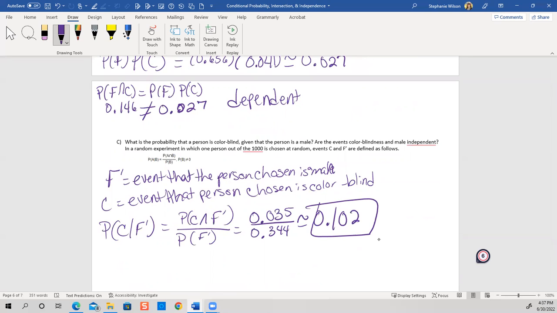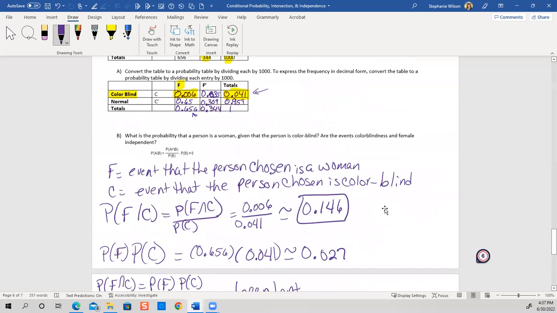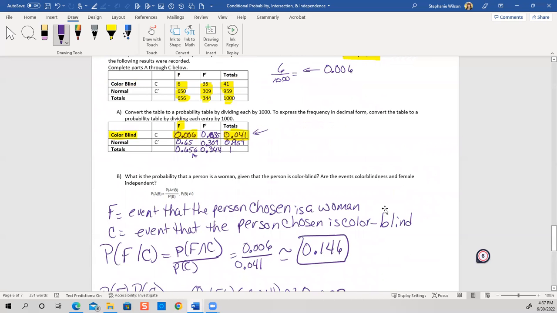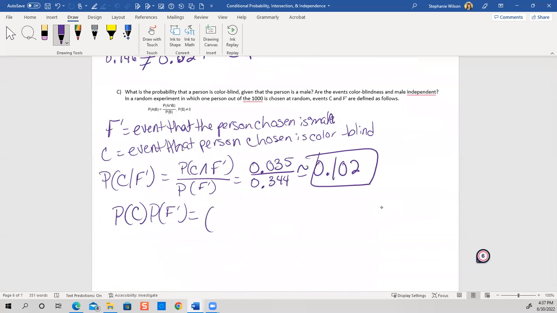Now we want to know if it's independent. Well, let's find out. If I take the probability of colorblind times the probability of males, let's go back up there. The probability of colorblind is 0.04, and then the probability of males is 0.34.